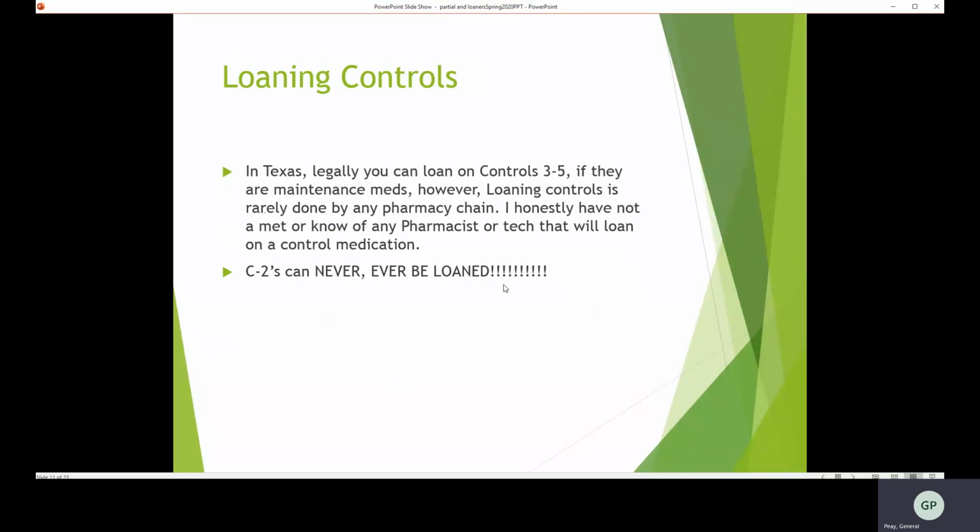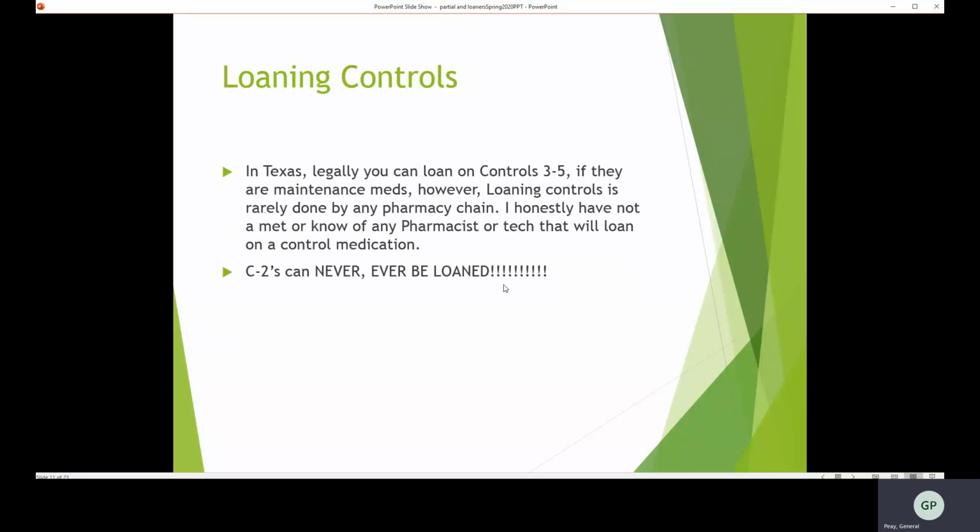Loaning controls. Okay, I kind of want you to know this. On the PTCB, if they ever ask you, can you loan on controlled substances that are C3s, C4s, or C5s, there are some controlled substances that are maintenance medications. For example, phenobarbital is a seizure medication, but it happens to be a C4.